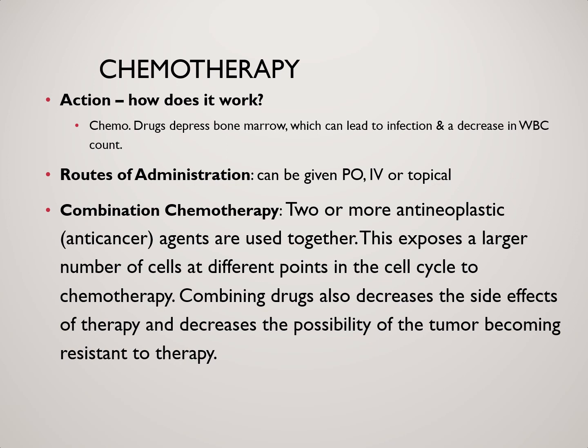For drugs to be combined, several criteria have to be met. Each drug must be effective when used alone to treat the cancer. Each must have a different toxicity that would limit its use. For example, if there are three drugs that are all toxic to the heart, they're cardiotoxic, the patient is more likely to develop cardiotoxicity.